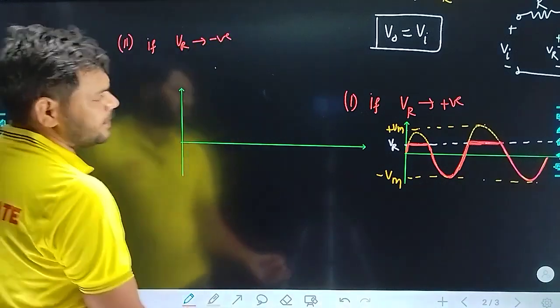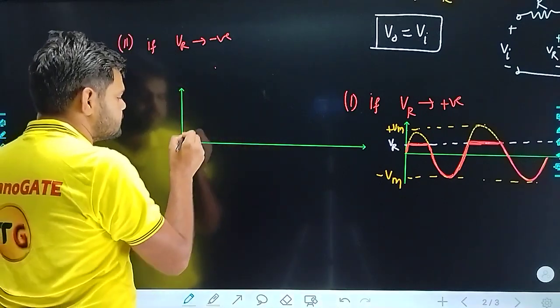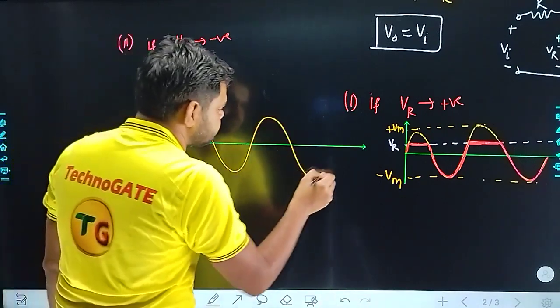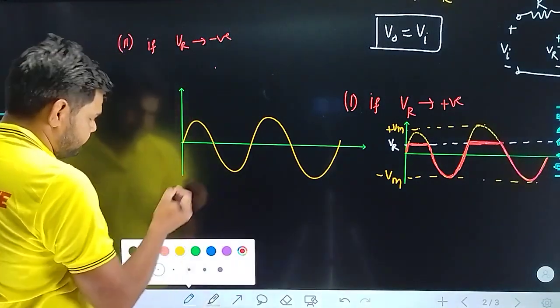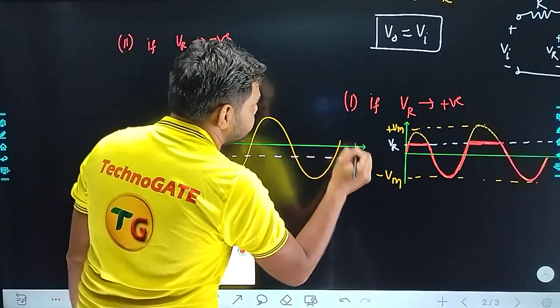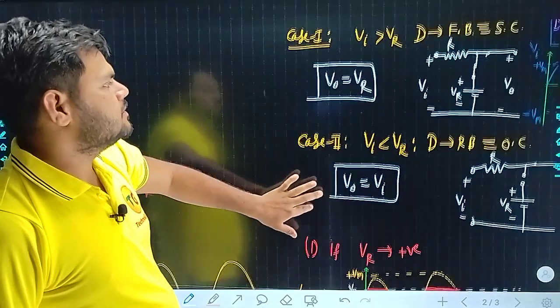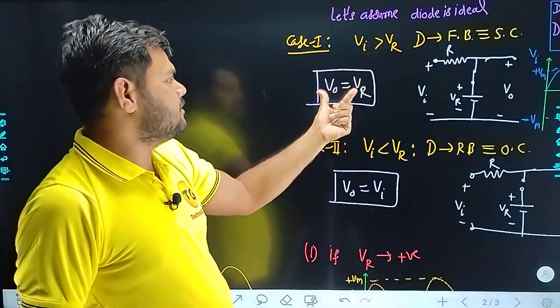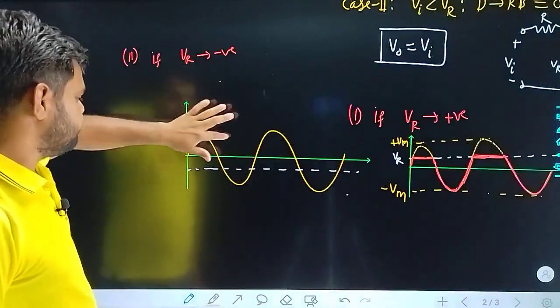So this is our input waveform, and V reference will be somewhere here. It is negative, so of course it will be somewhere here. But the ultimate observation of the circuit will not be affected by this. Vi greater than Vr means V naught equals Vr. Vi less than Vr means V naught is equal to Vi.